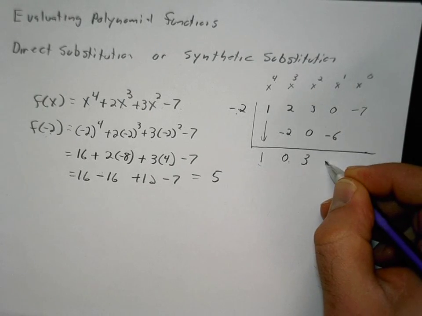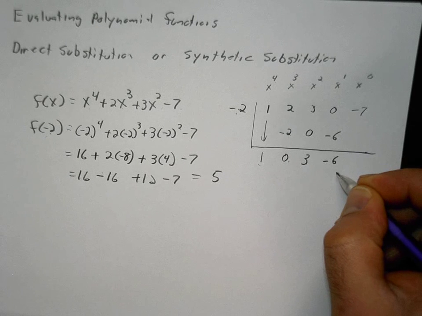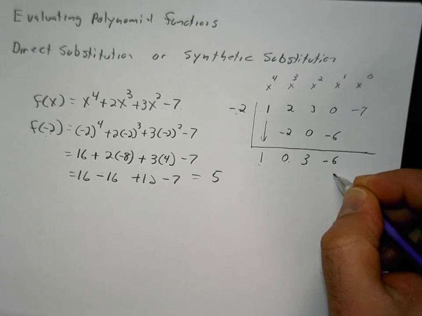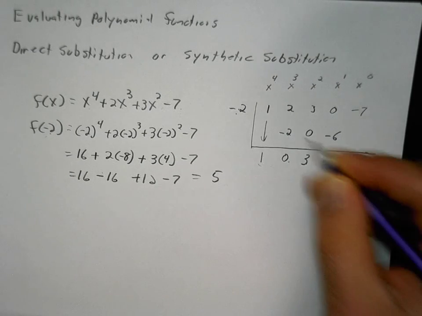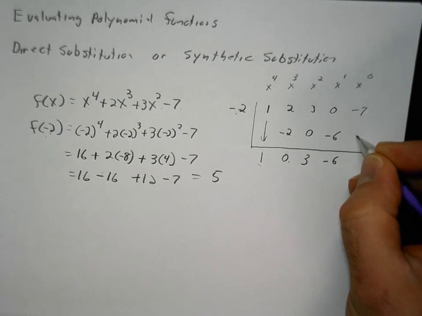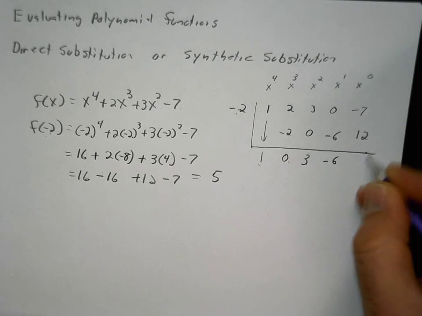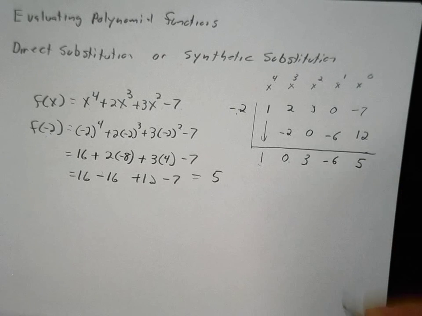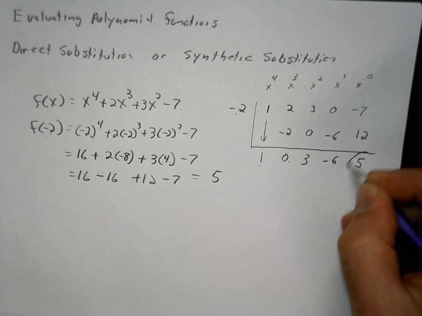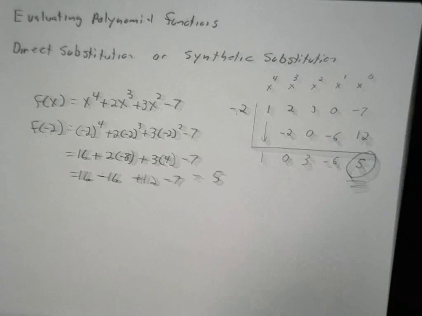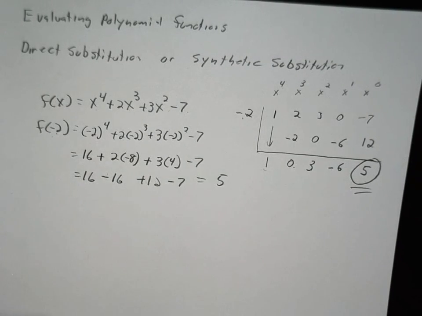Then I add. I get negative 6. Then I multiply and I get positive 12. Then I add. That gives me 5. And that number at the end is my answer. It's the same thing I got there.